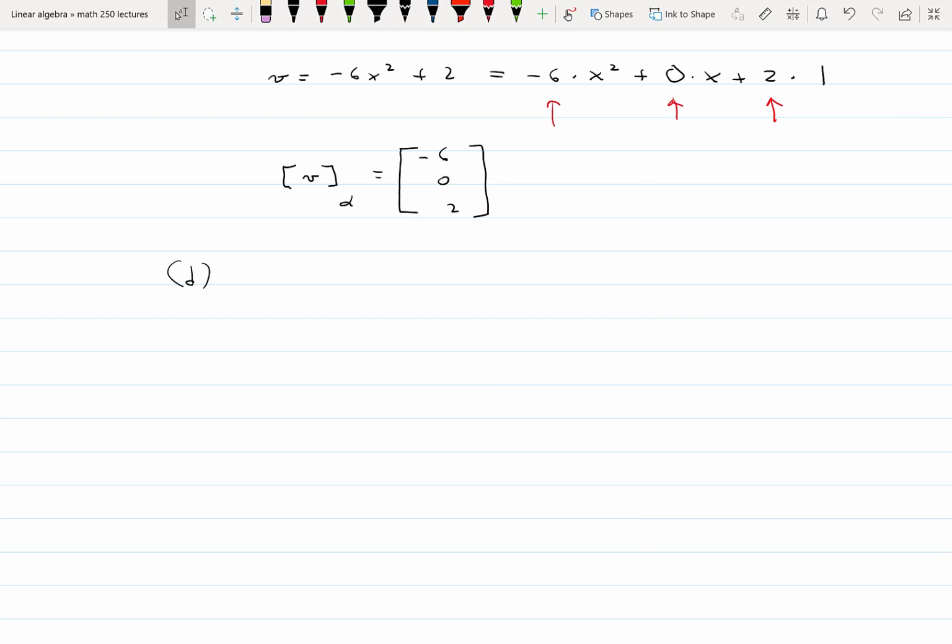So let V equal the kernel of the linear transformation T. It's going to look really complicated, but it's not so bad.